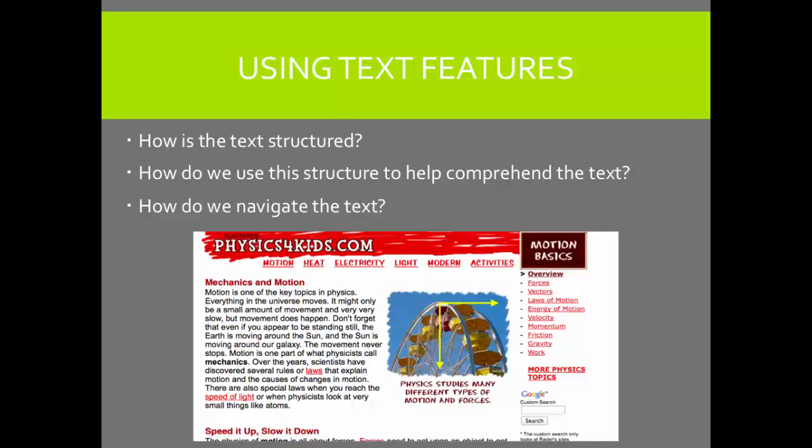Using text features is another important aspect of learning from digital texts and other digital resources. Features of digital text can be used to orient the reader and to help with comprehension.